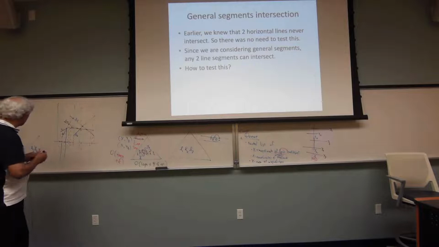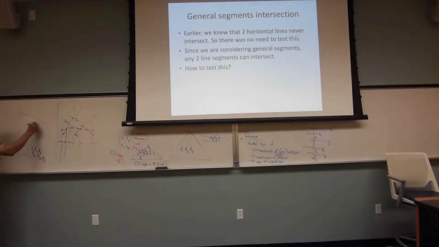So for instance, think about it this way. These two are intersecting, right? Right before intersection, this guy was above this and they were neighbors. If there was something else, how is that going to happen? That's going to happen because there was something else here, right? Did that cut it before or after?